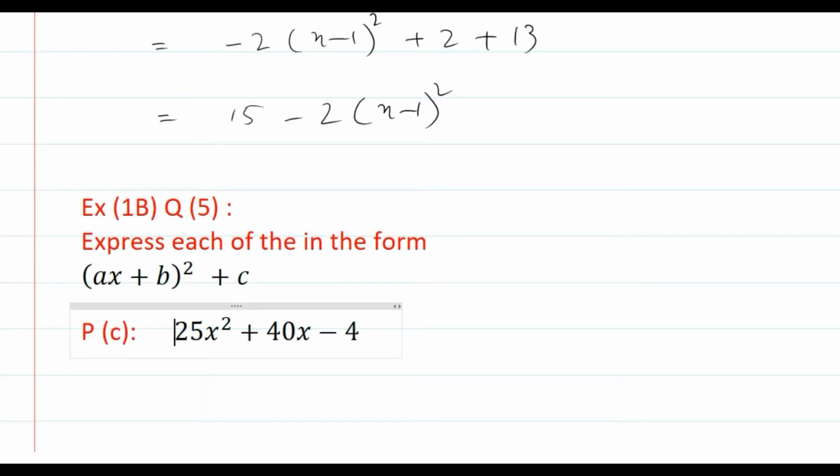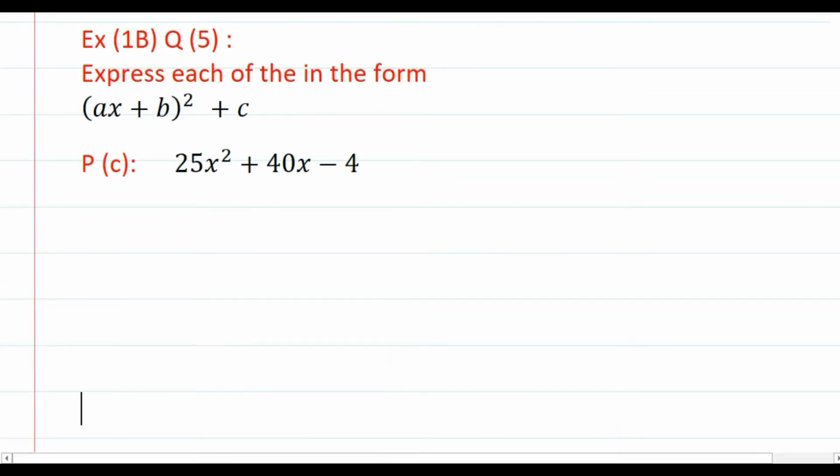Viewers, now we will solve question number 5 and part C. To reduce this question into the required form, you need to simplify it. We will take 25 as common.